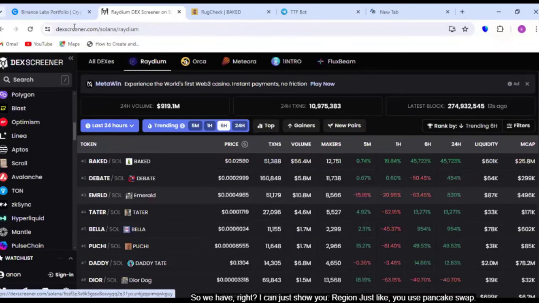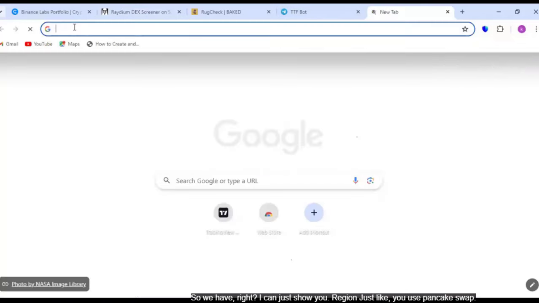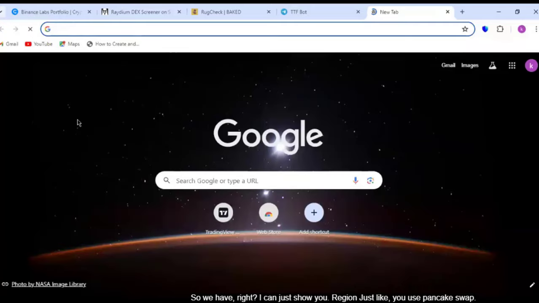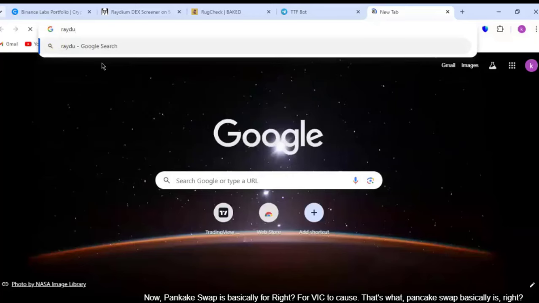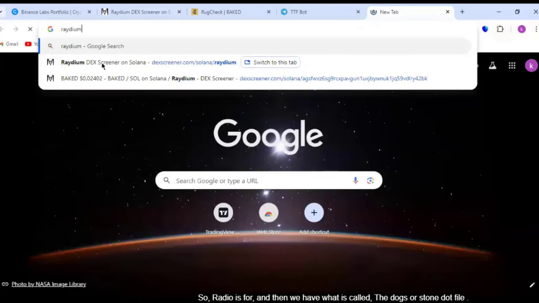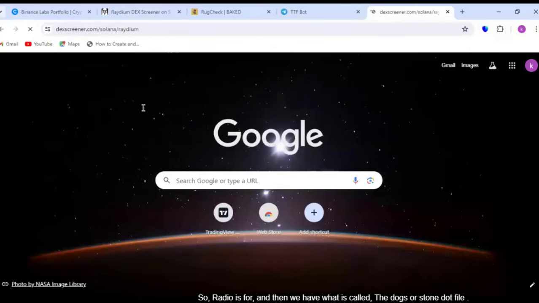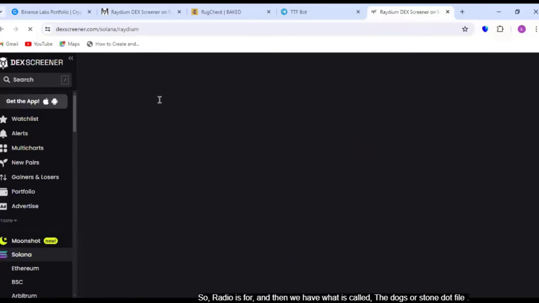So we have Raydium, right? I can just show you Raydium, just like you use PancakeSwap. Now PancakeSwap is basically for BSC tokens, right? That's what PancakeSwap basically is.